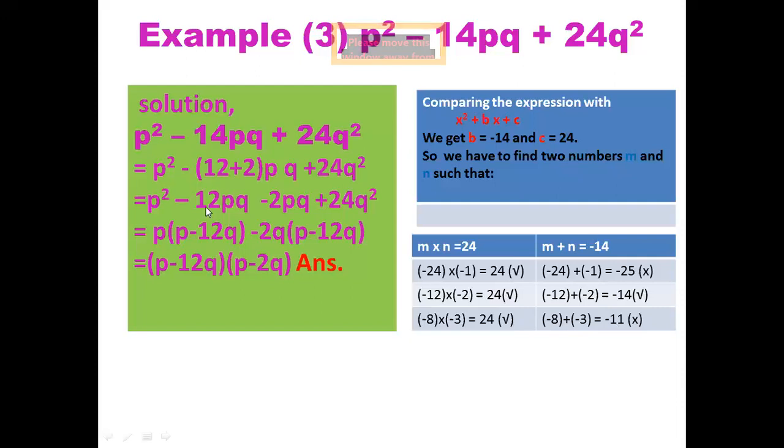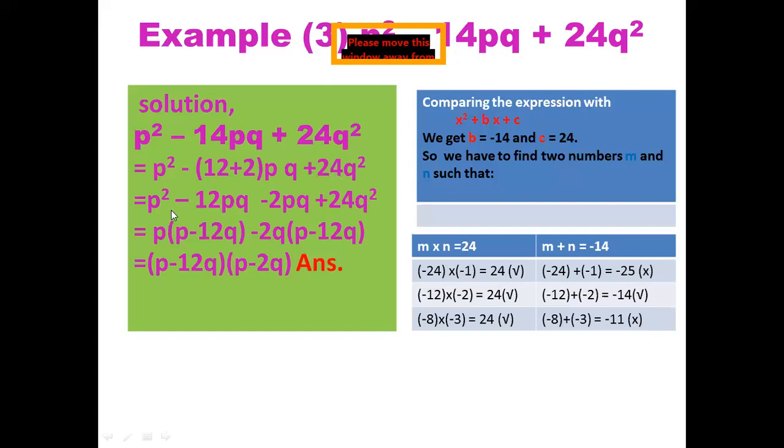Now before moving to the next step, we have to take care about the sign. Look here, whether we are removing the sign correctly or not. Minus into plus will be minus. Here we have to write minus sign, and this minus into plus here will also be minus. Then 2 into pq, 2pq, and here will be plus 24q square, same.